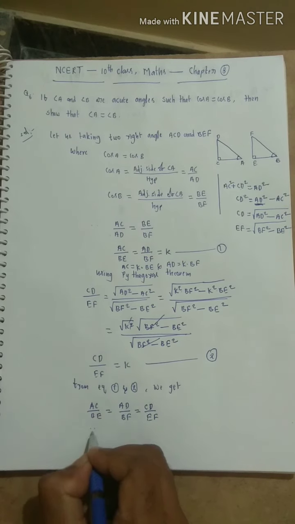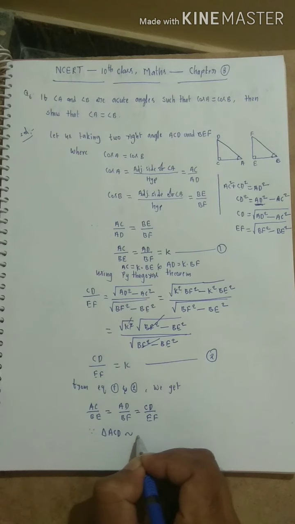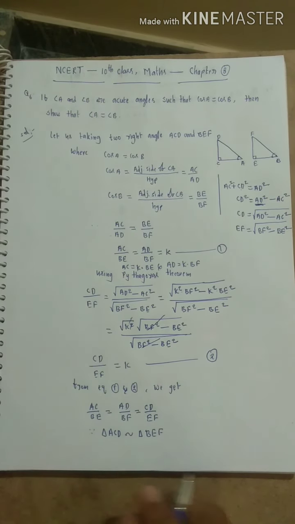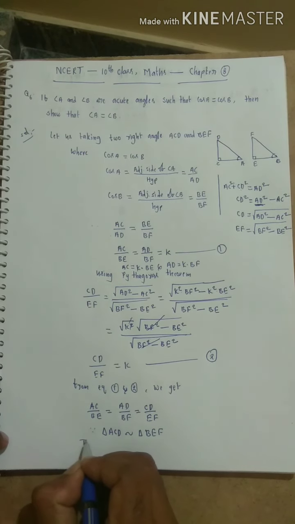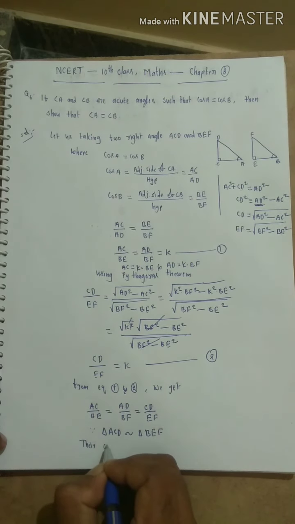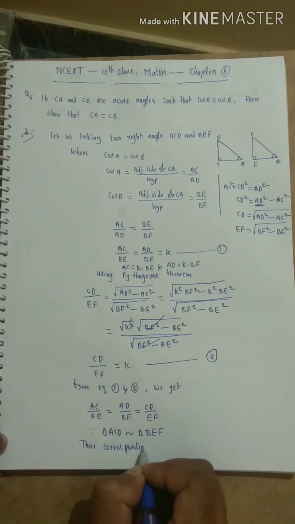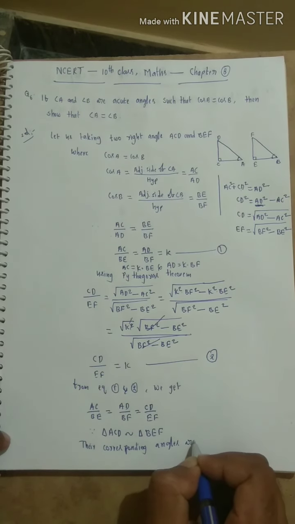Therefore, triangle ACD is similar to triangle BEF. Their corresponding sides are proportional and the corresponding angles are also equal.